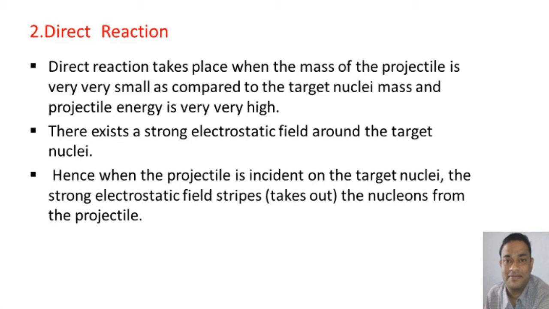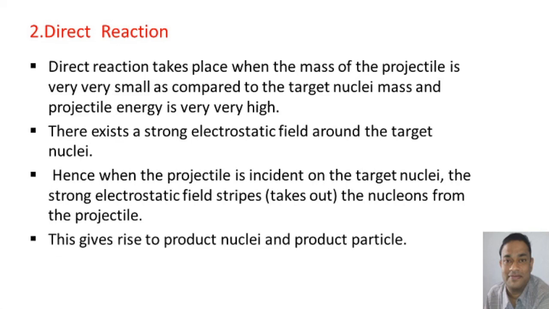Now this strong electrostatic field rips out the nucleons from the projectile. Therefore, the target nuclei also changes, and the projectile also changes, and in this process we get product nuclei and the product particle. So these are the two theories which explain the nuclear reaction.